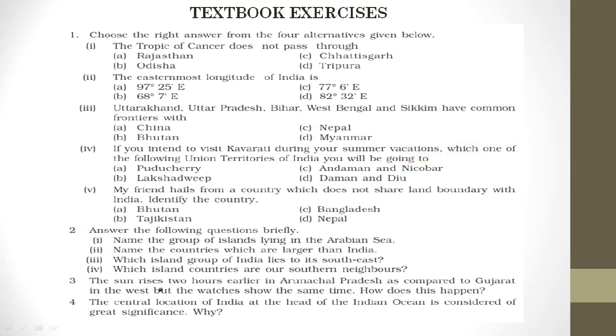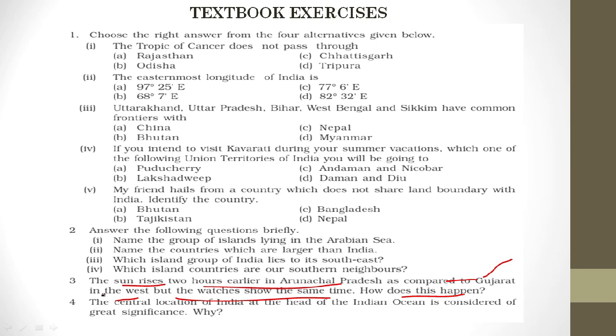The sun rises 2 hours earlier in Arunachal Pradesh as compared to Gujarat in the west, but the watches show the same time. How does this happen? Students, we have discussed this question time and again.